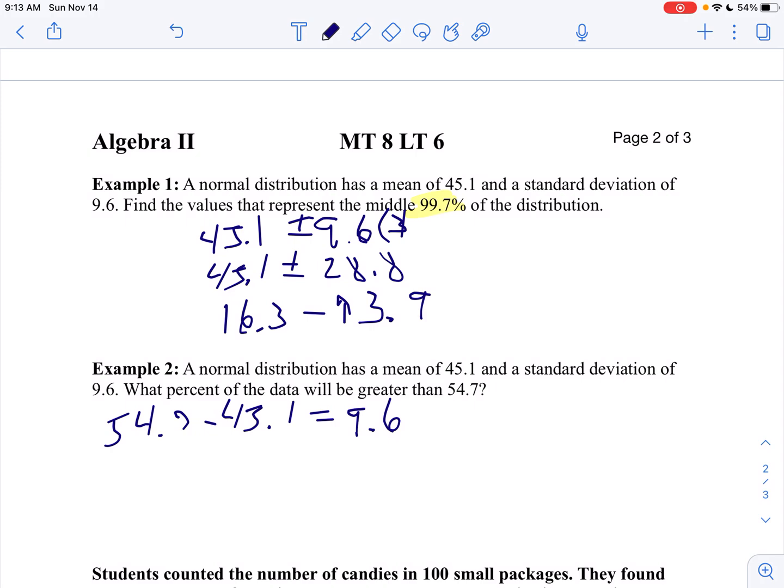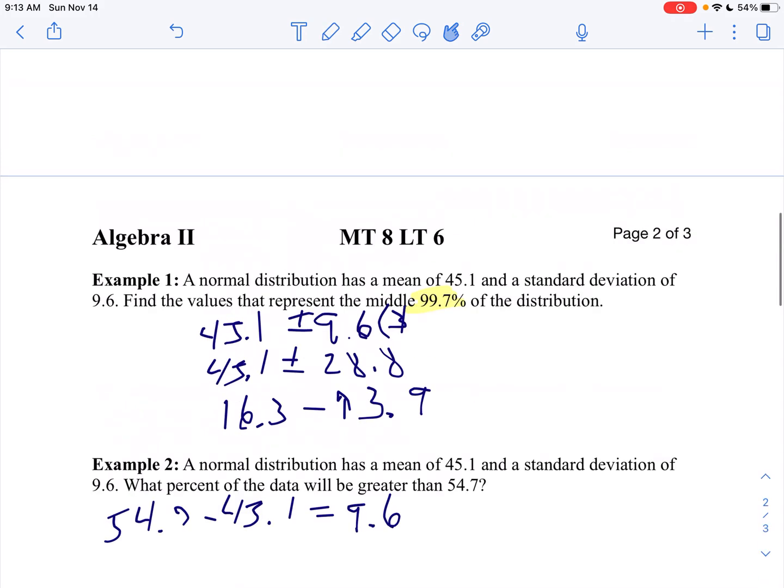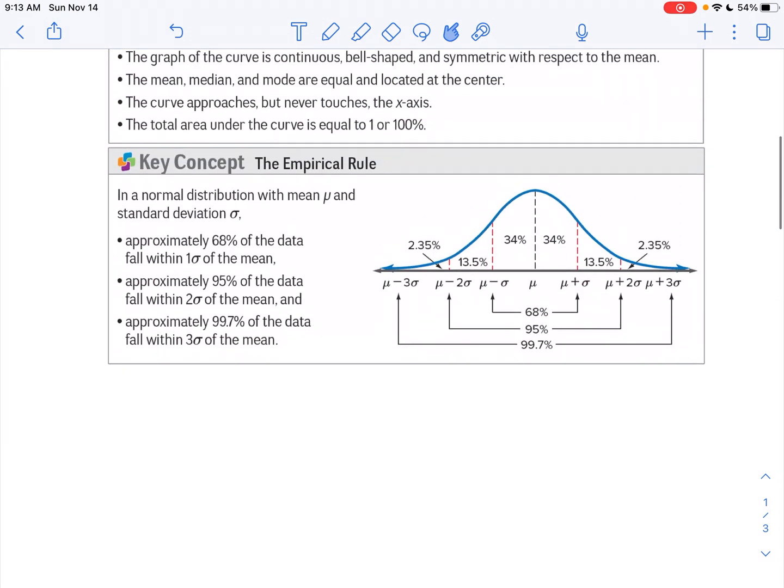So if I look at my empirical rule, go back up here. So I'm going to be right here at 1 standard deviation. Well, if I take a look here, I know 68% of my data is within 1 standard deviation.